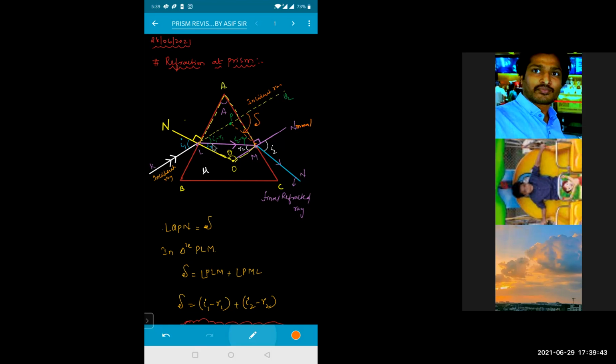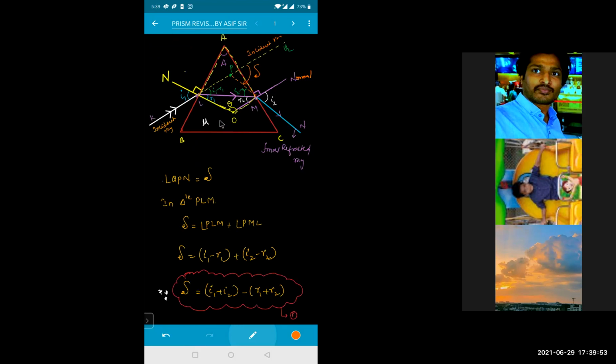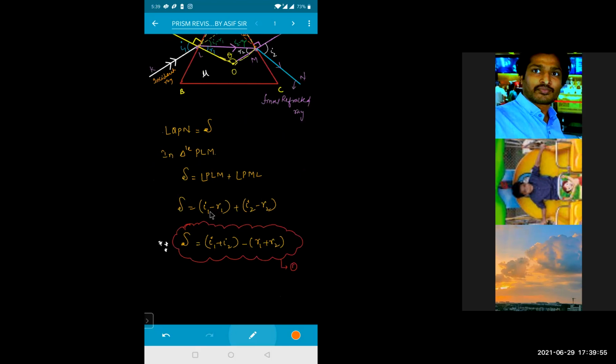So in the triangle PLM, I can write this deviation delta will be equal to this angle PLM plus PML. So the deviation will be I1 minus R1 plus I2 minus R2. All the I1 terms I am taking on one side, so deviation will be equal to I1 plus I2 minus R1 plus R2. So this is the deviation formula in terms of I1, I2 and R1 and R2.